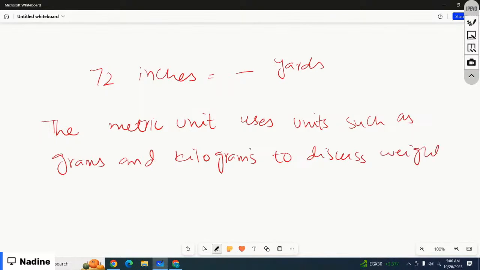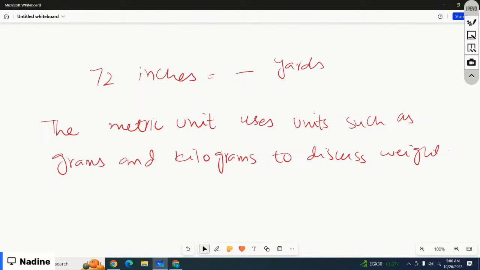The customary unit is the older system that uses ounces and pounds to talk about weight. So the metric unit is the new one and the customary unit is the old one, right?